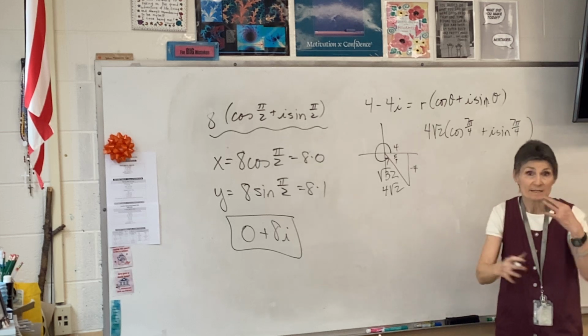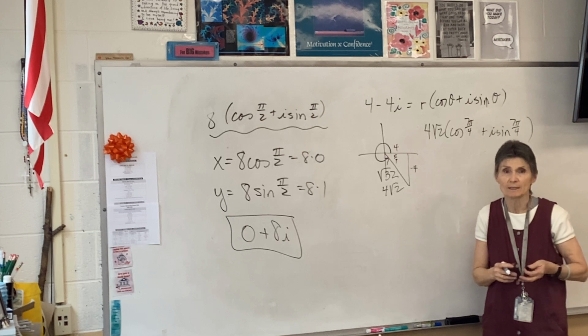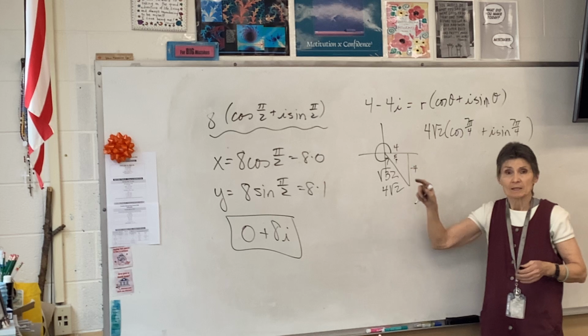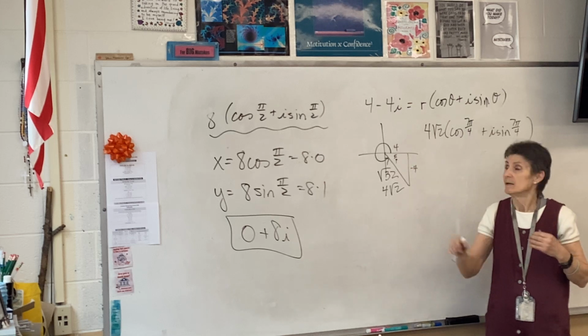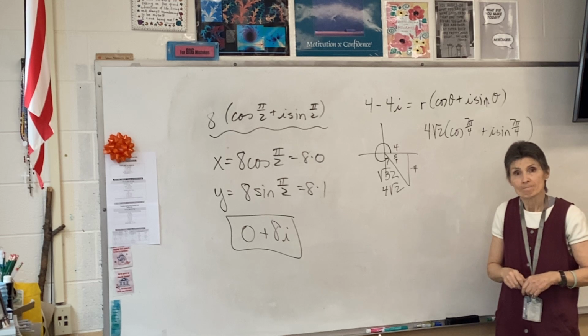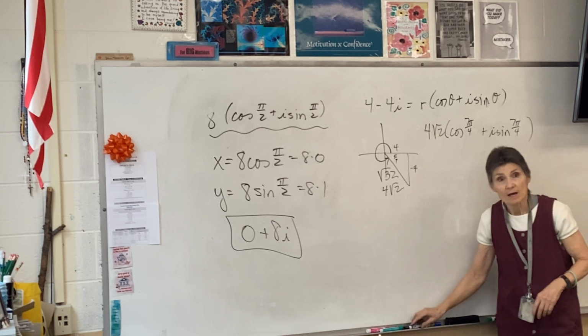Which, keeping it consistent with the other ones we did, especially the ones you're struggling with on your calculator, this big angle is 2 pi minus that. 7 pi over 4.